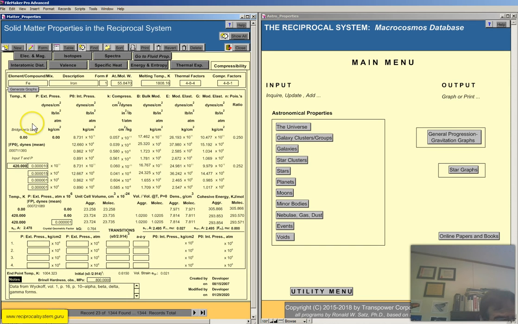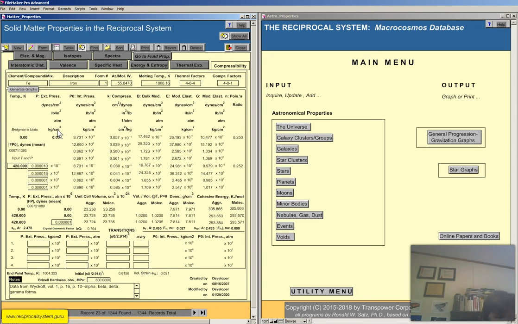Now you can see here, basically you enter in the temperature and the pressure. In this database, the temperature is always in Kelvin. So please keep that in mind. And the pressure can be in dynes per centimeter squared, pounds per inch squared, psi, atmospheres, kilograms per centimeter squared, which is Bridgman's unit.